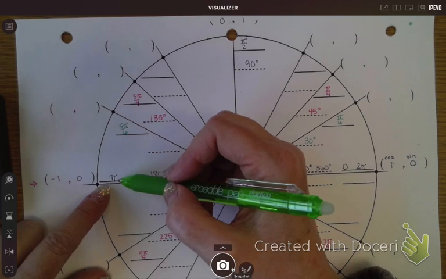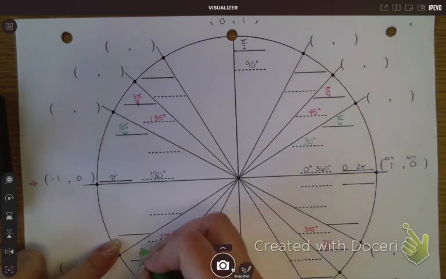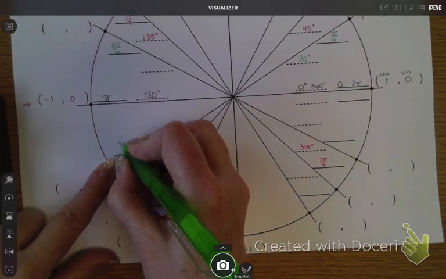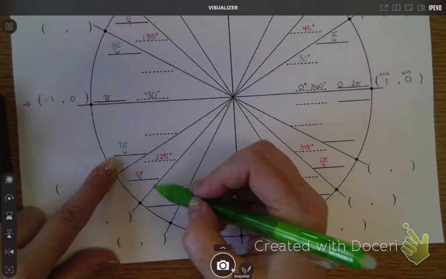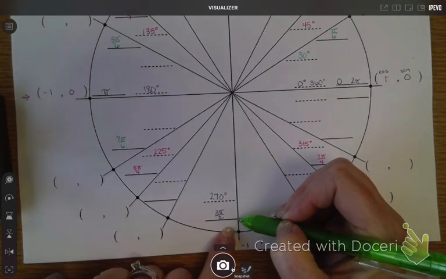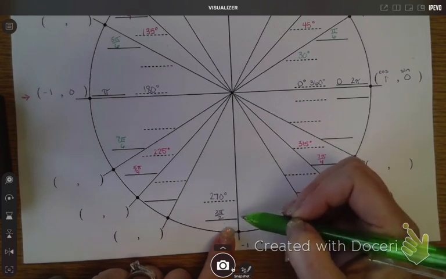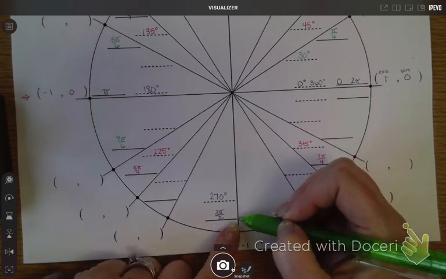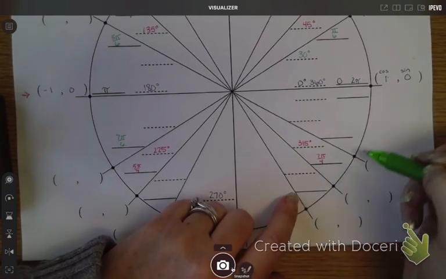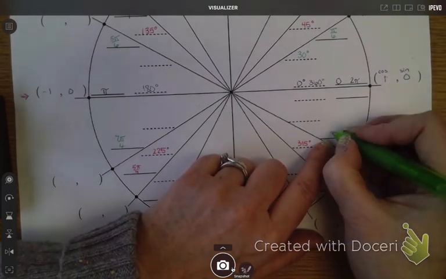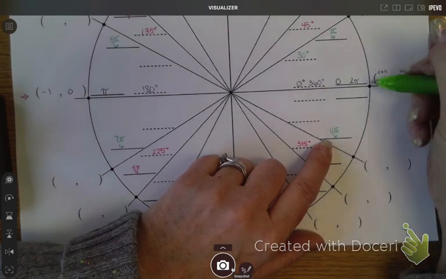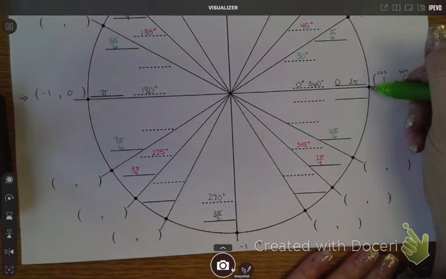Then I get 7 pi over 6, and then 8 pi over 6. 9 pi over 6, which reduces to 3 pi over 2. And then I would have 10 pi over 6, 11 pi over 6, and then 12 pi over 6, which would be what?